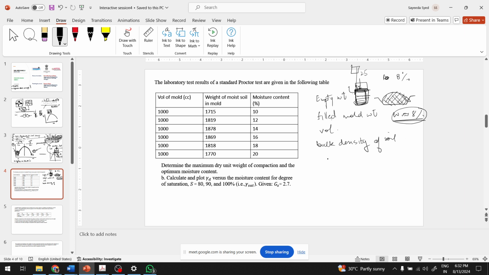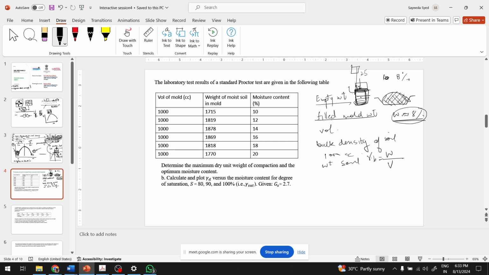Because we know the volume. The volume is a standard 1000 cc, and the weight is the filled weight minus the empty weight. We will know the weight of the soil inside, and bulk density is weight over volume. So we know gamma B.